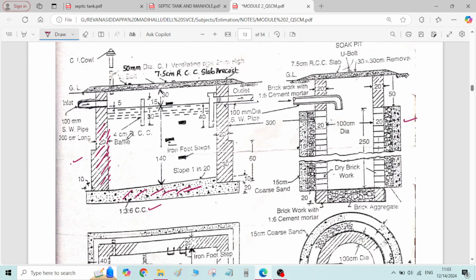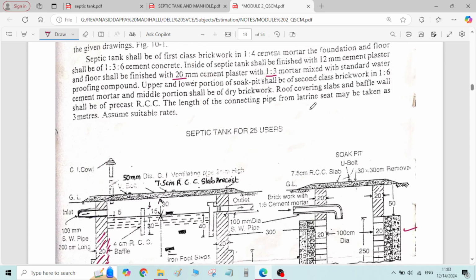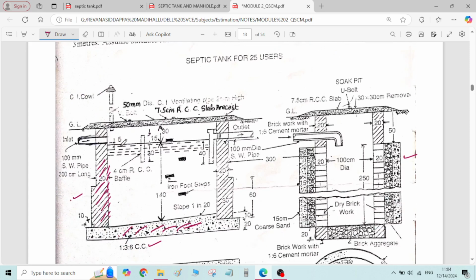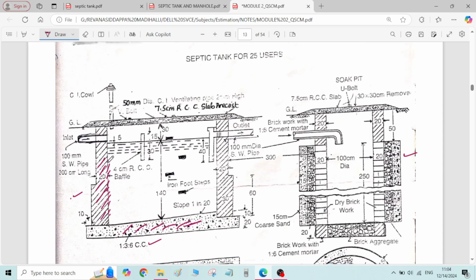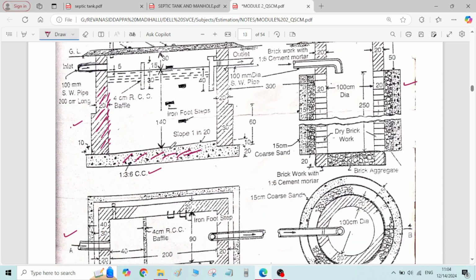For both the walls and the floor of the septic tank, 1:3 cement mortar is used, but the thickness of the plaster for the walls is 12 mm and the thickness of the plastering for the floor of the septic tank is 20 mm.